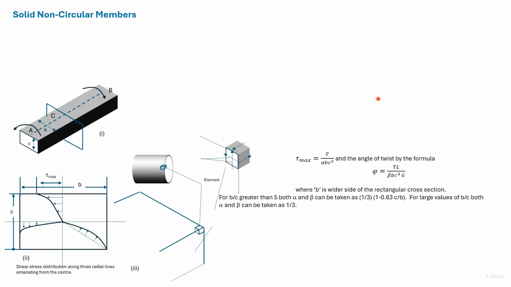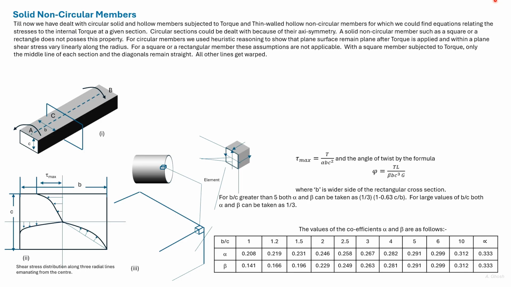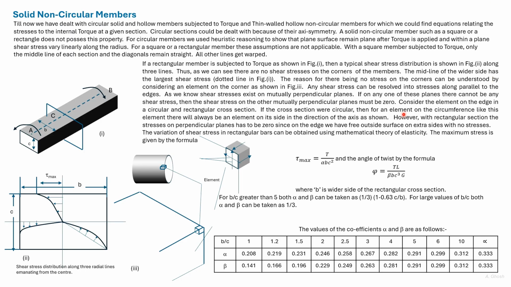Maximum shear stress and the angle of twist in a rectangular bar has been given using the mathematical theory of elasticity. So tau max is equal to T divided by alpha b c squared, where b is the side with the larger dimension and c is the side with the smaller dimension.